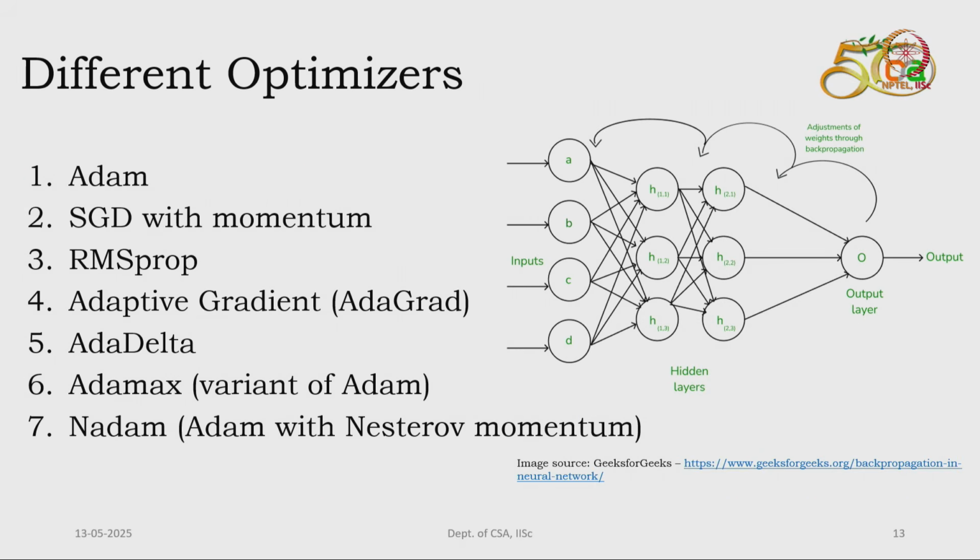Now, the most important concept when it comes to neural networks is the optimizers. What is the role of an optimizer? Where does the optimizer come into play here? See, now we have placed the number of neurons, the hidden layers, and an output layer.